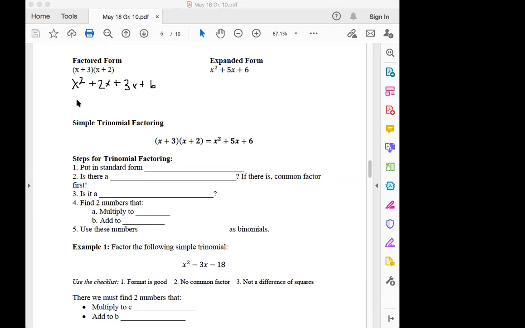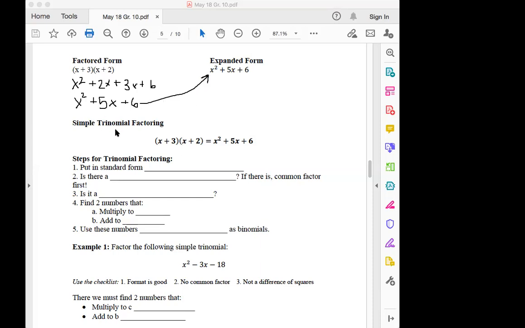Okay. So then we put our like terms together. So x squared plus 5x plus 6, which, as you can see, is the exact same answer that we have here in the standard form.